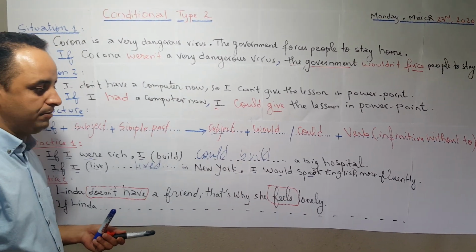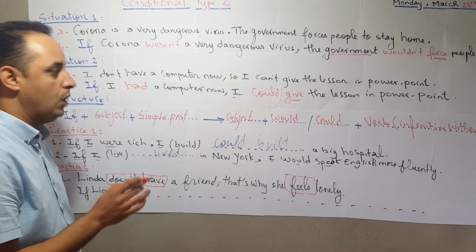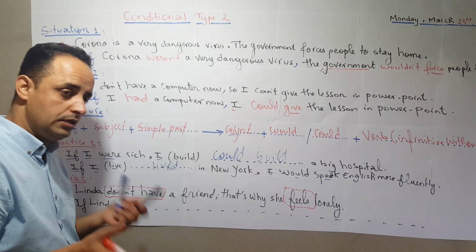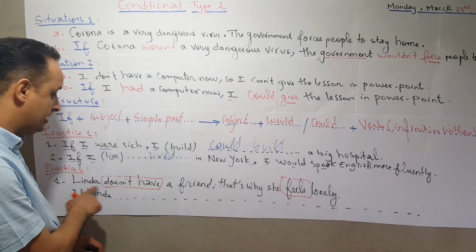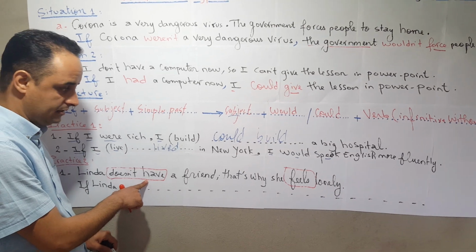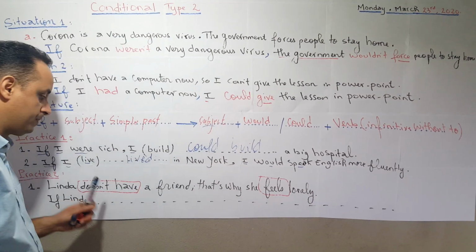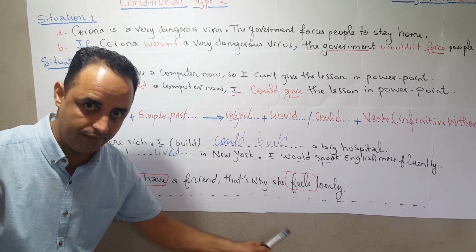Okay, it's present simple, then automatically you need to use conditional type 2. Great. What you have to be careful with is affirmative should be negative and negative should be affirmative. "Linda doesn't have a friend," negative, and "she feels lonely," affirmative. So we need to make this affirmative and this negative the opposite way.